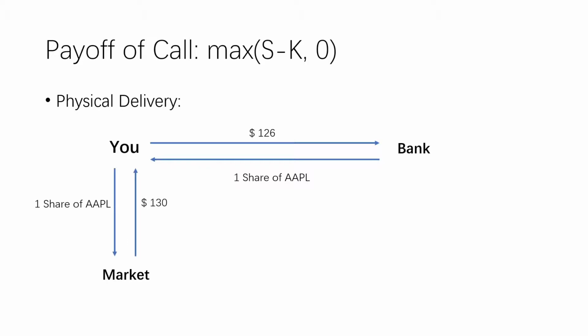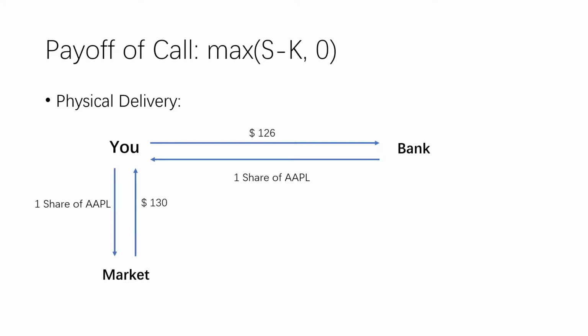You sell the one share of Apple stock to the market and obtain 130 US dollars. So your net profit is 130 minus 126, which is $4. So this is the example of how you realize the profit by exercising the option.